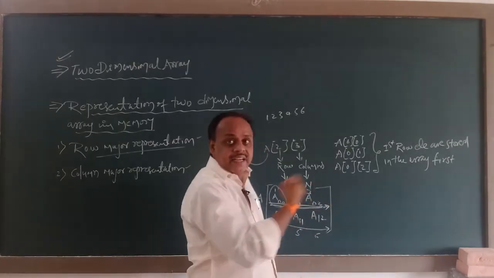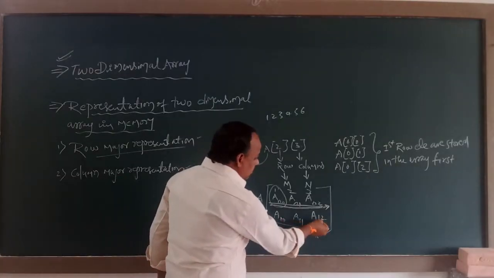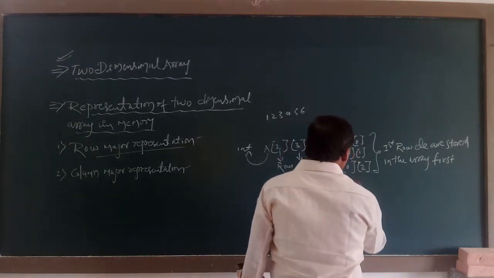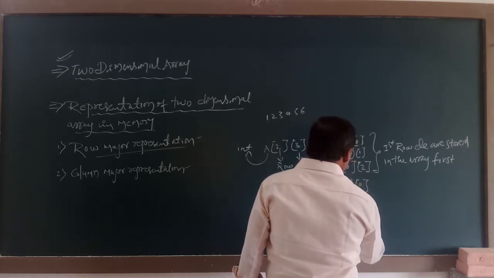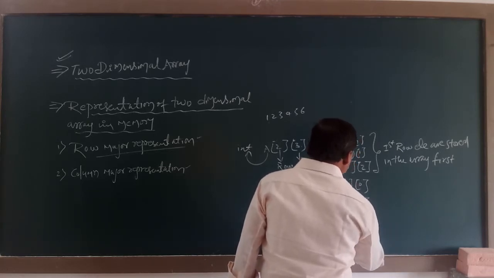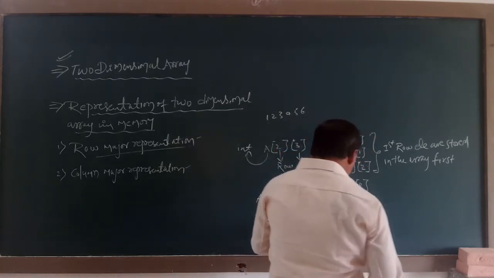So it takes the second row memory allocations, that is 1 0, 1 1, 1 2: A of 1, 0, A of 1, 1, A of 1, 2.